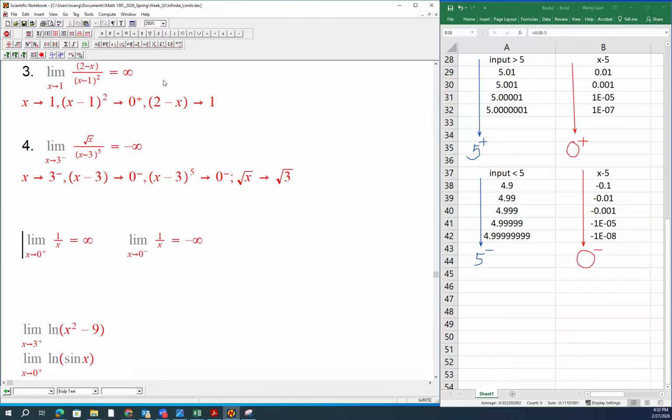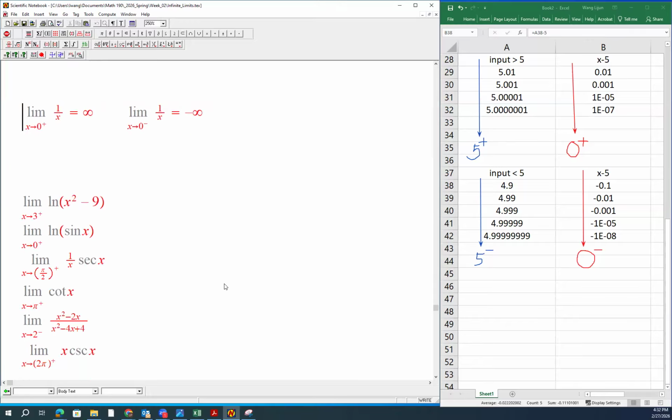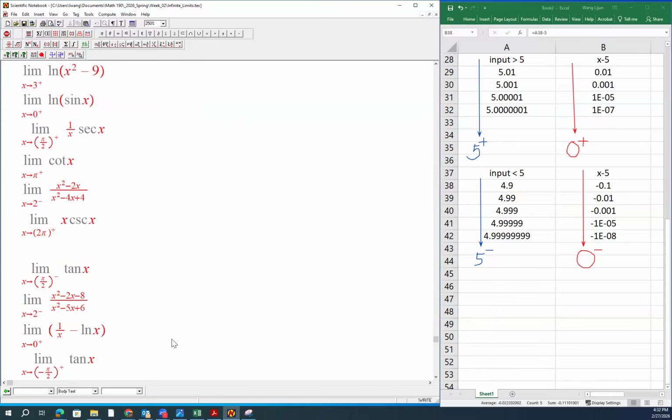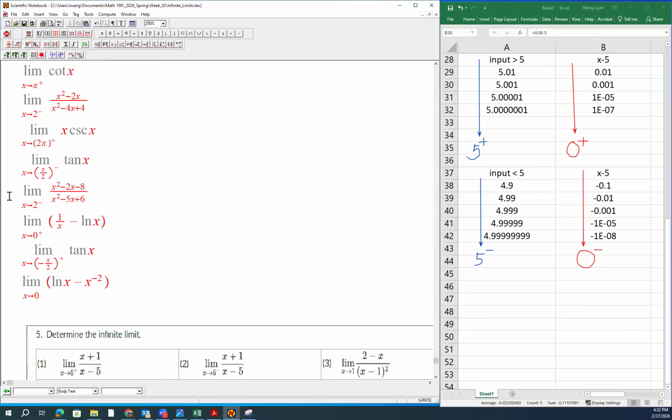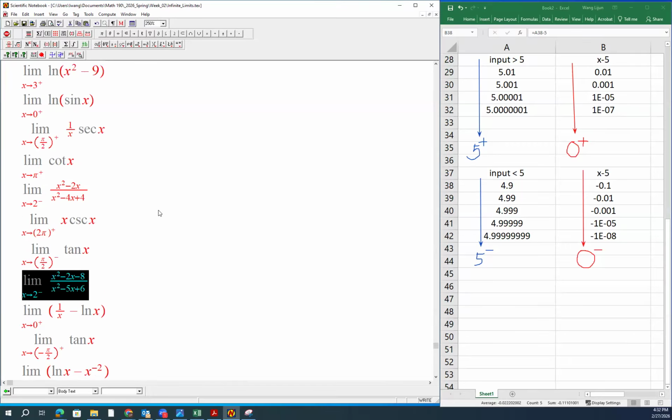Before we go on to other examples, we have some examples that have something to do with trig functions and other functions. So I'm going to put those other examples in another recorded lesson. And here I'm going to pick out 2 more examples. I'm going to just switch the order.